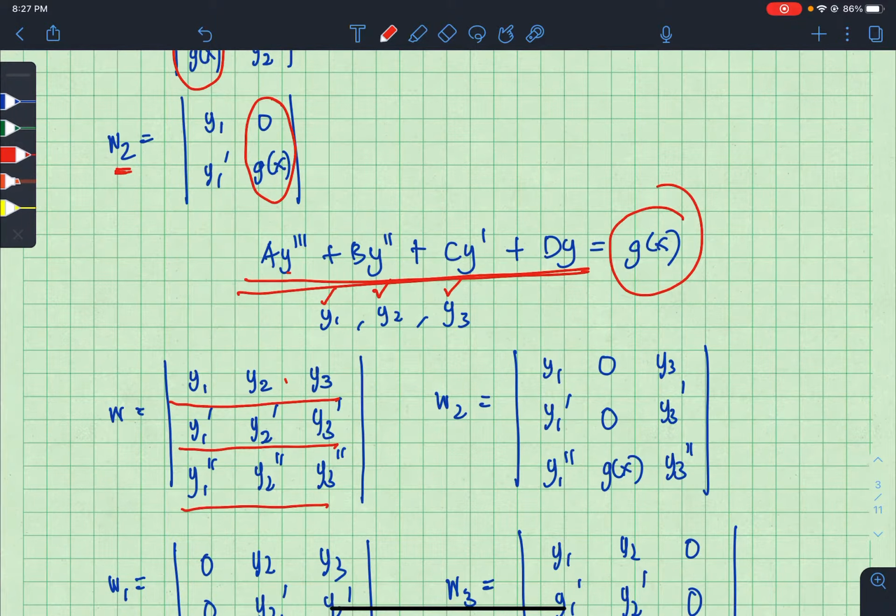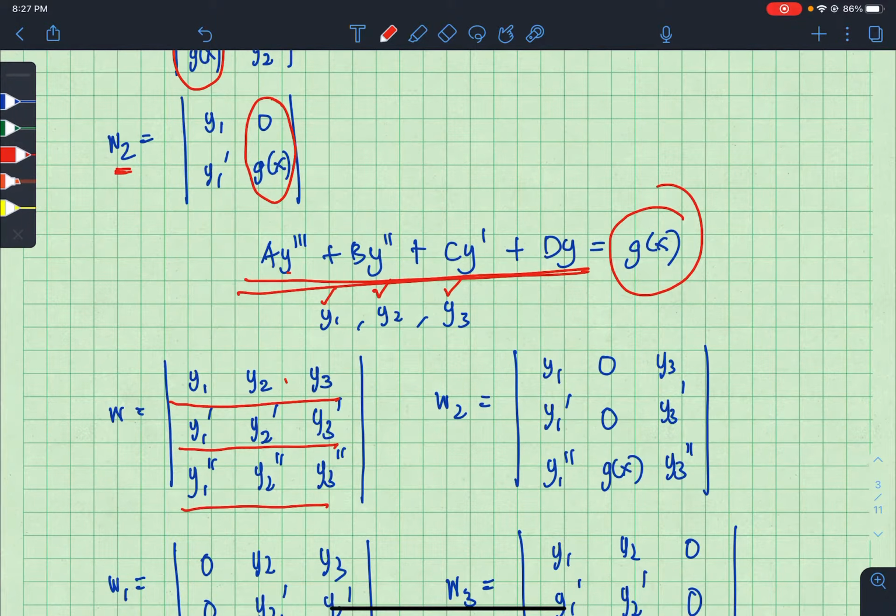So m then would be positive, negative the square root of 1/4. So we have m1 to be positive 1/2, and m2 is negative 1/2.